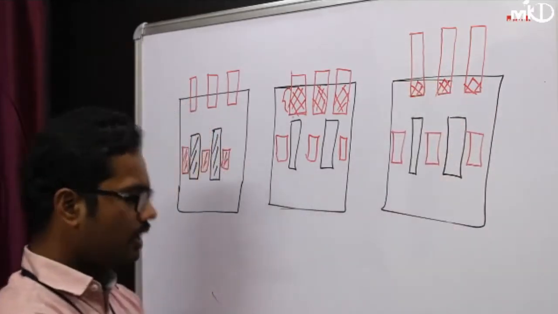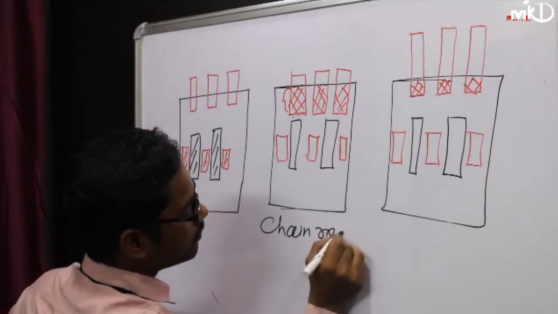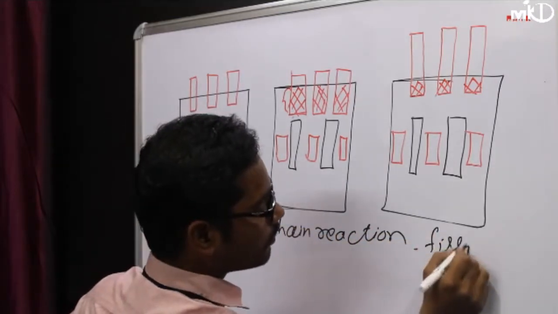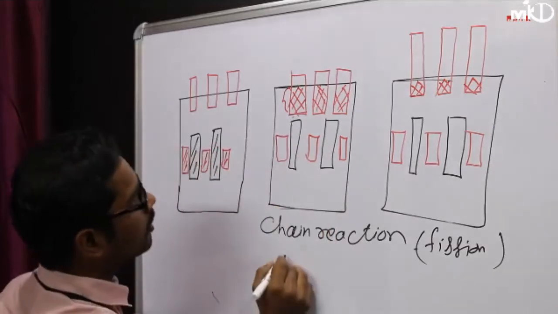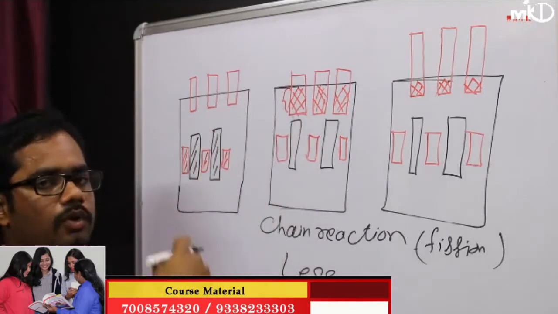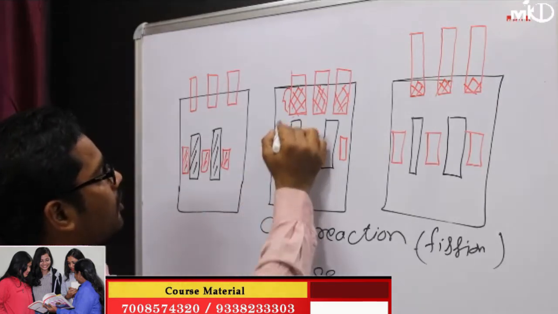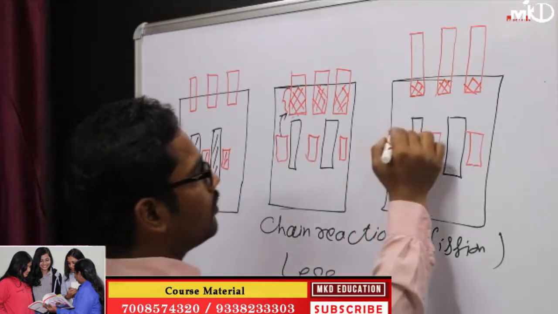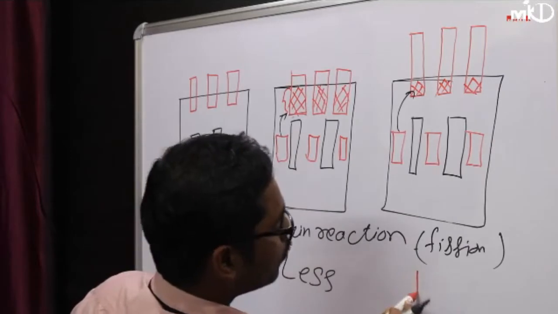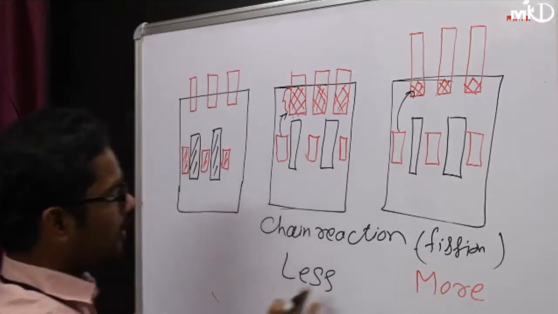Now you can say here the chain reaction is more. Here it is less chain reaction because the area of contact is more and it has absorbed more of the uranium present. But here the absorption is less because the area will be less, so here more reaction will be there. So here reaction will be more, here reaction will be less.